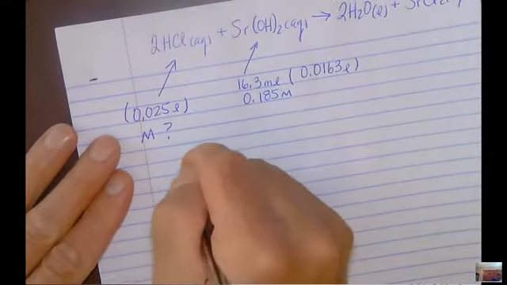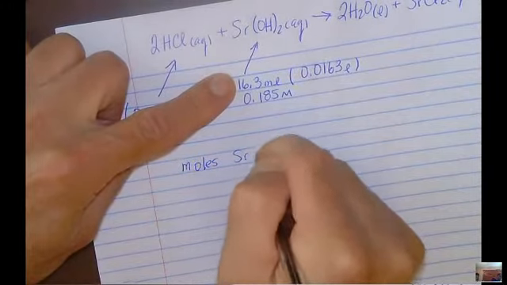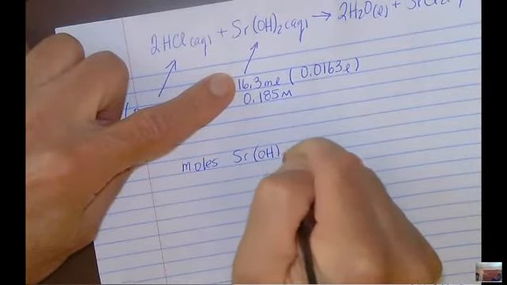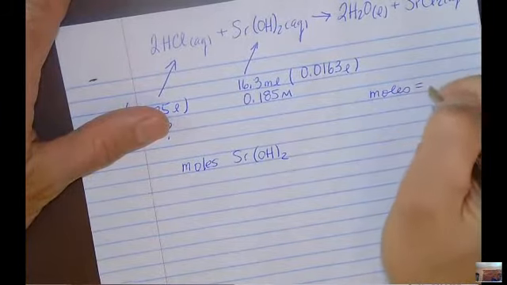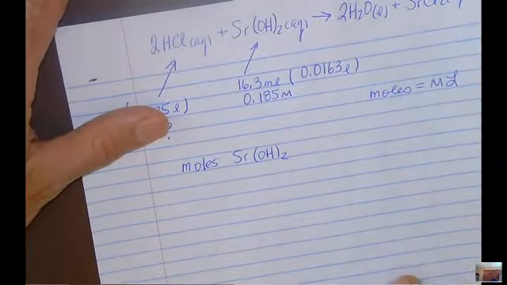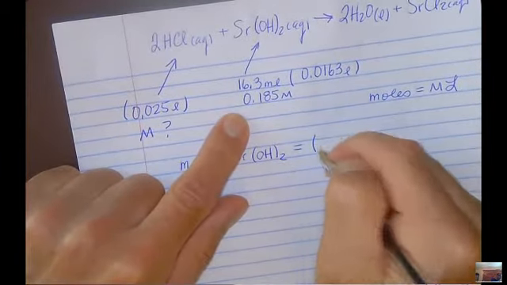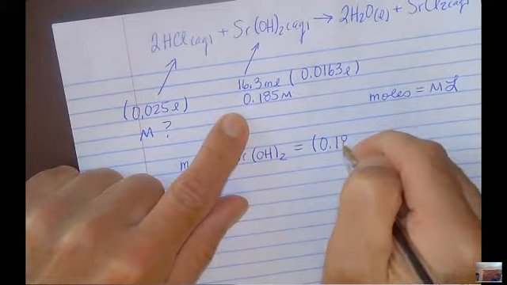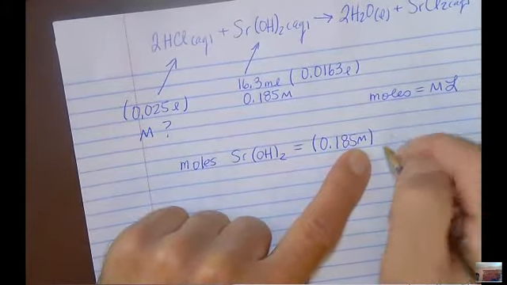So what's the first thing I'm going to do? Let's get the moles of this. So the moles of strontium hydroxide, we know that moles is molarity of something times the liters. So the moles of strontium hydroxide is just these two numbers multiplied. 0.185 molar, right? That means moles per liter.